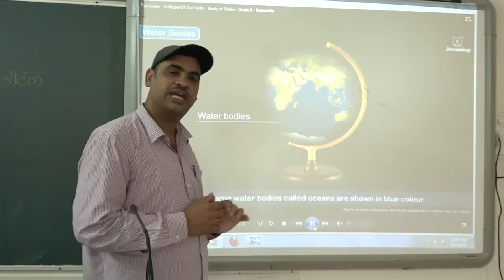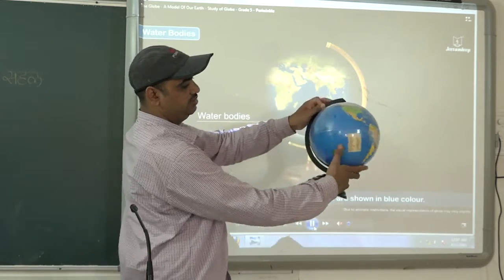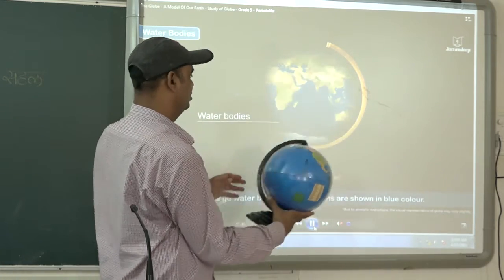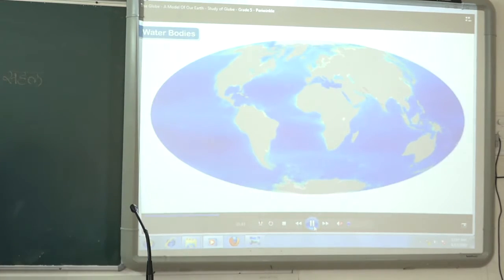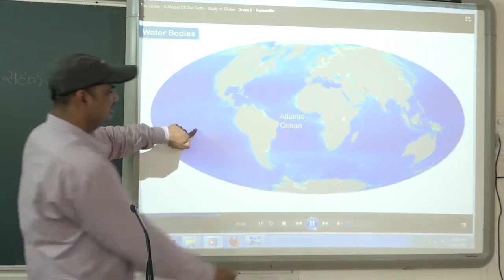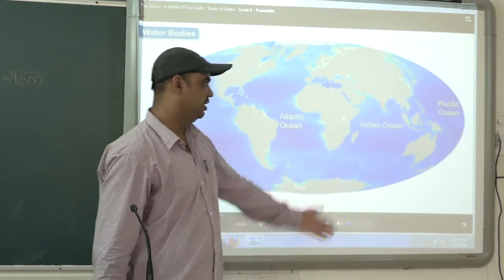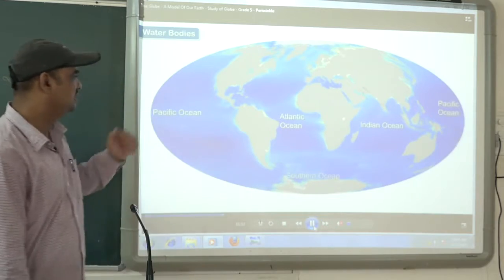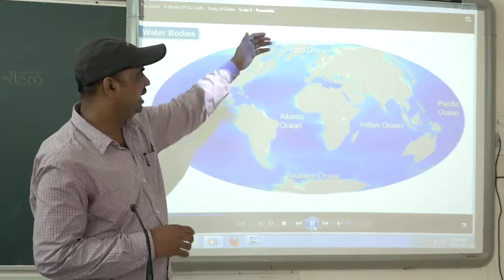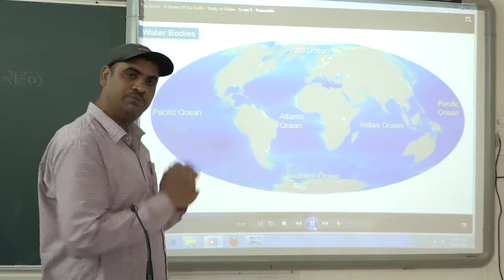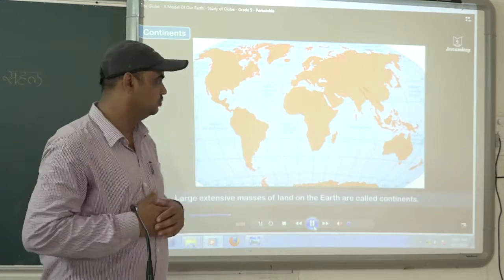Water bodies also can be seen with the help of the globe. Here water bodies are shown with blue color. You can see the Atlantic Ocean, the Pacific Ocean, the Indian Ocean, the Southern Ocean and the Arctic Ocean. These are the five major oceans of the Earth that can be shown on the globe.